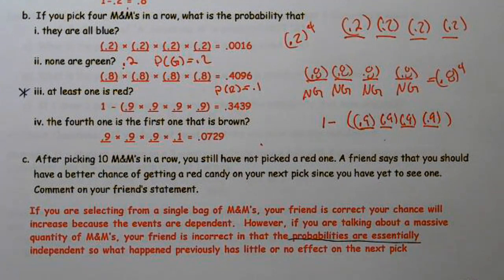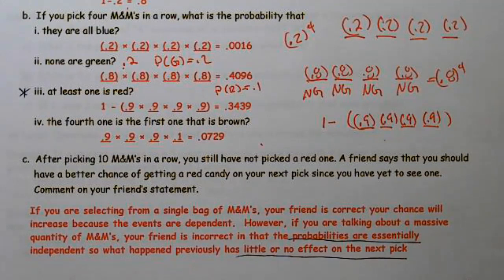If I eat one of them, the percentages change. By how much? The answer is not much. And since they didn't change by that much, we say they're still independent because it has little or no effect on the next pick. And you're like, well, how big is big?